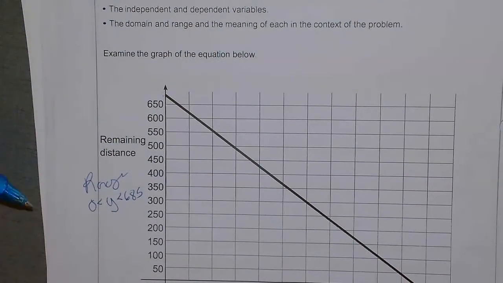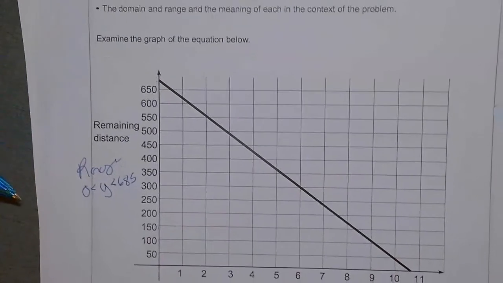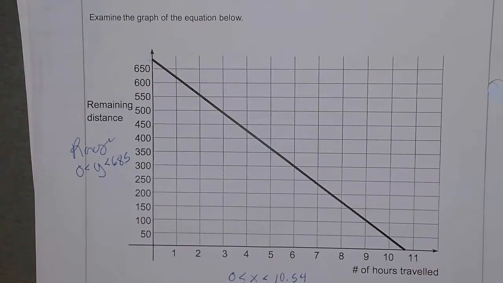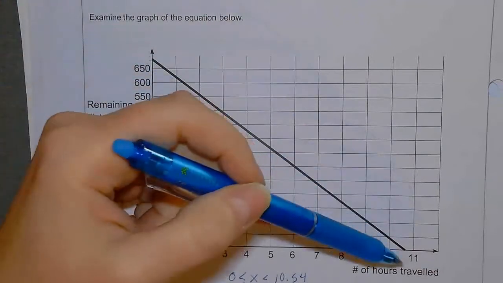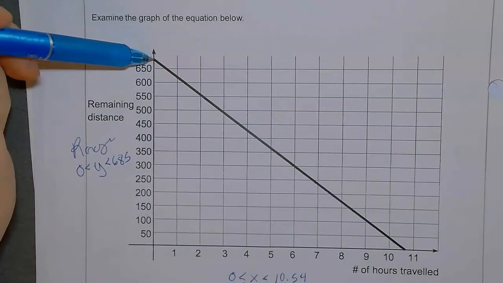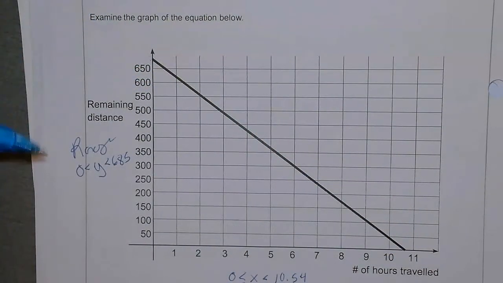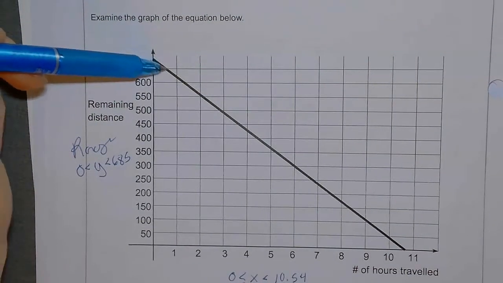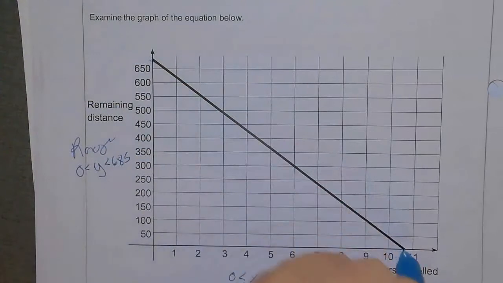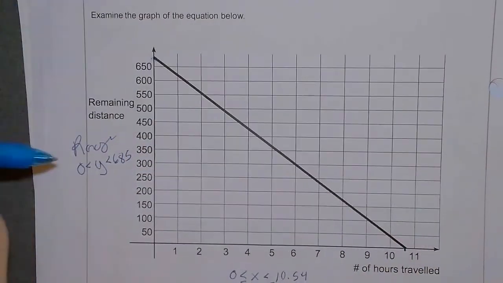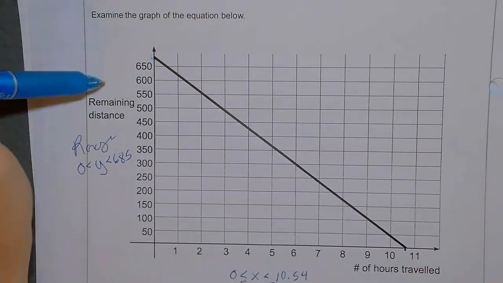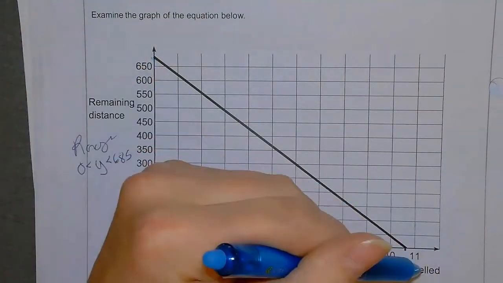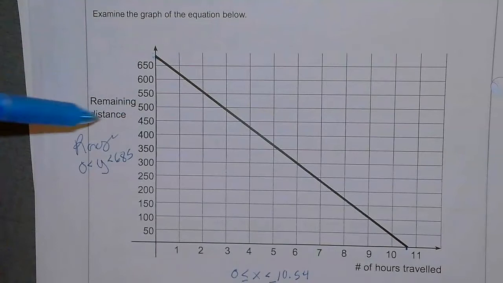So the intercepts in this problem are 10.5 and 685, which makes sense because they start at 685 miles away, and then it should take them 10.5 hours to get to Disneyland. So the slope would be their speed, the 65 miles per hour. The independent and dependent variables, independent is number of hours traveled, dependent is remaining distance.